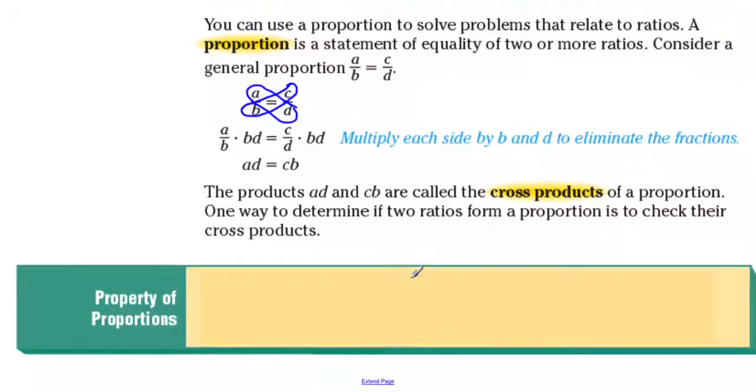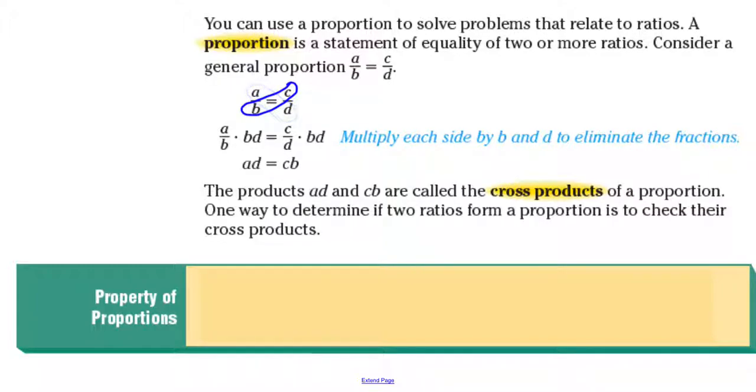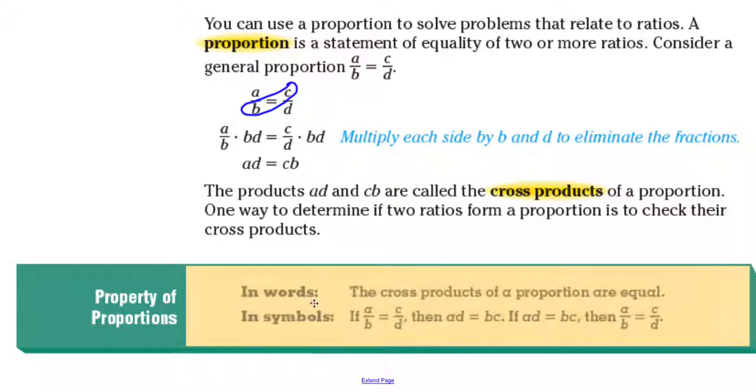This is the cross products property of proportions. In words, the cross products of a proportion are equal. If A over B equals C over D, then A times D is equal to B times C. This is the property of proportions which we will use in example 1.